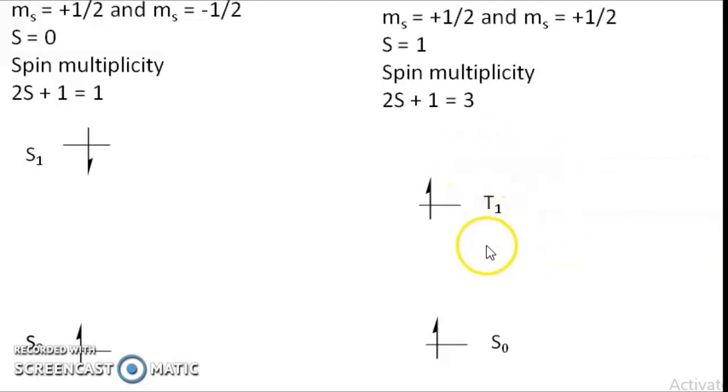Okay, first triplet excited state. Alright, so this is the way the electronic transition occurs when the electron absorbs light.